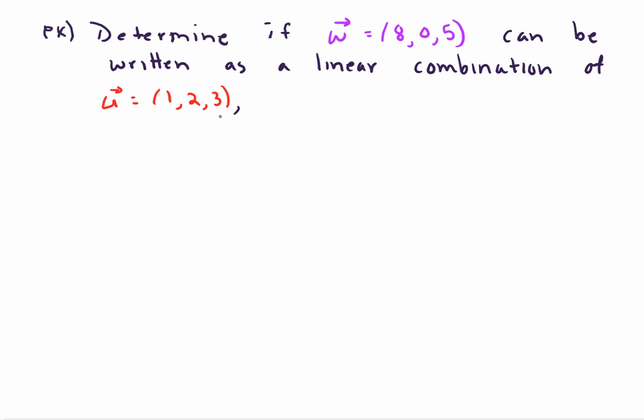We've got another vector here, vector V. Vector V is given by 0, 1, 4.